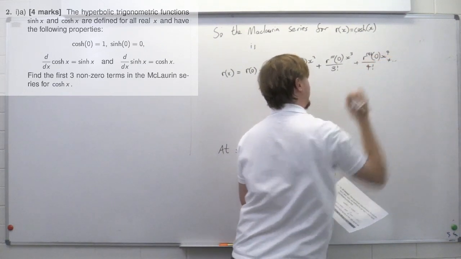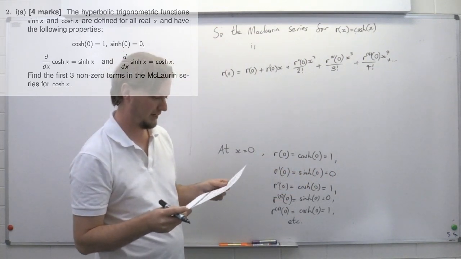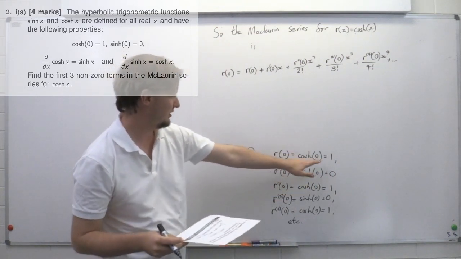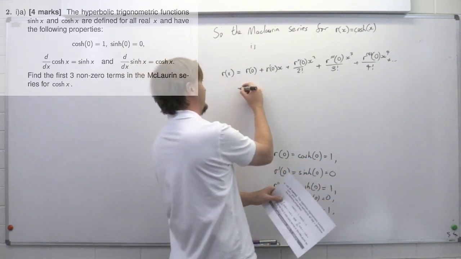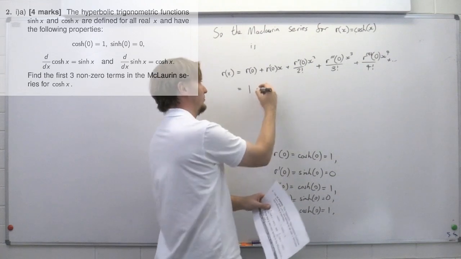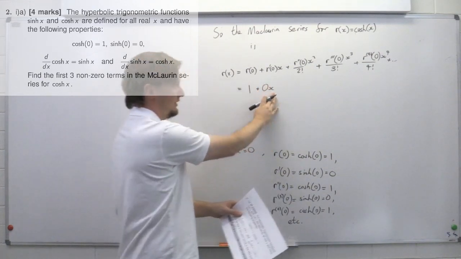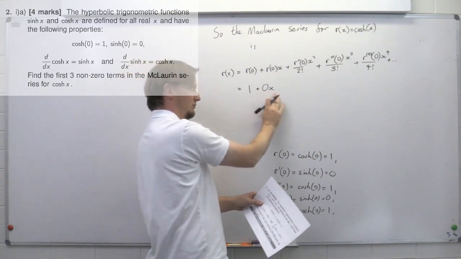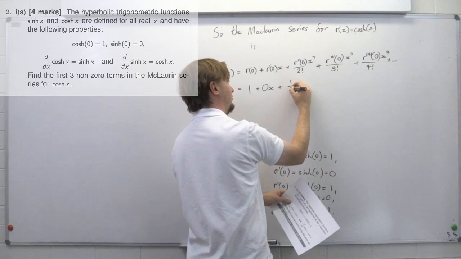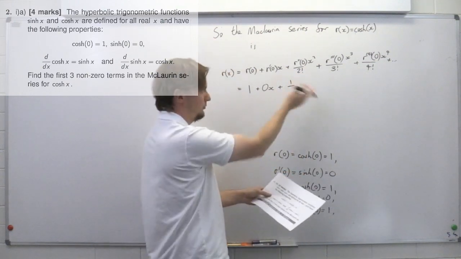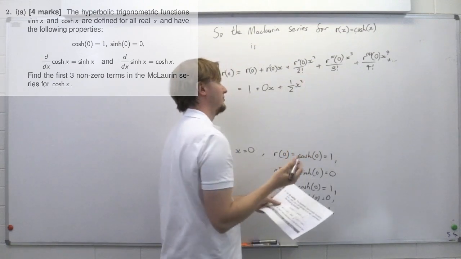And really there are more terms. So looking at what we have, it starts at 1, then a 0, then a 1, then a 0, then a 1. So we're going to get a constant term of 1, and there'll be no linear term. I'm still going to write this out just to make it visible. There'll be a 1 over 2 factorial. Now 2 factorial is just 2 times 1, so it's a half x squared.